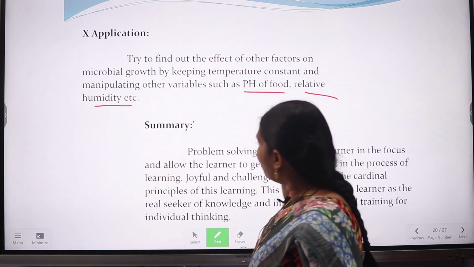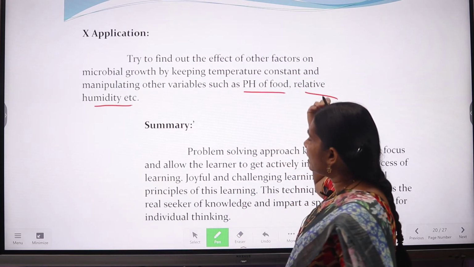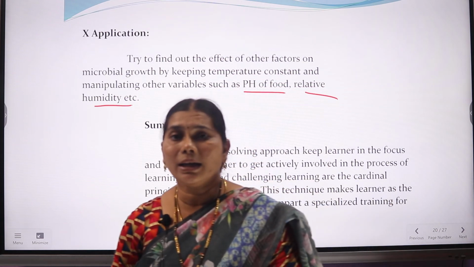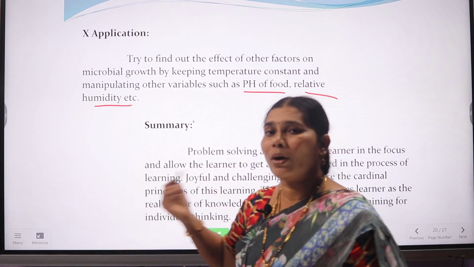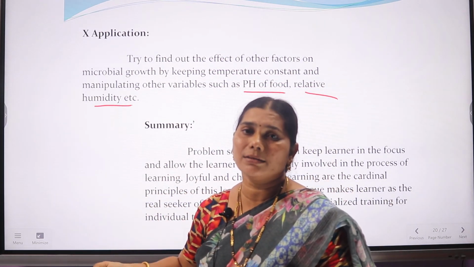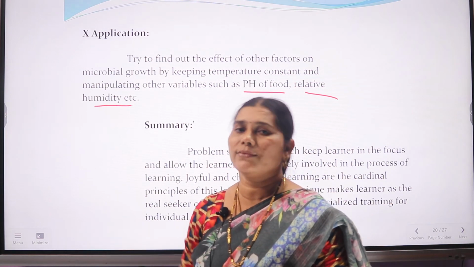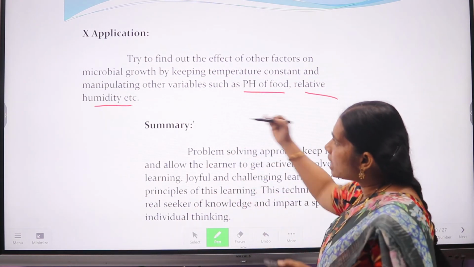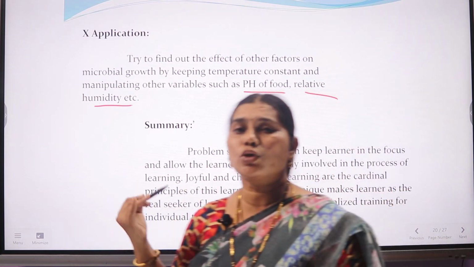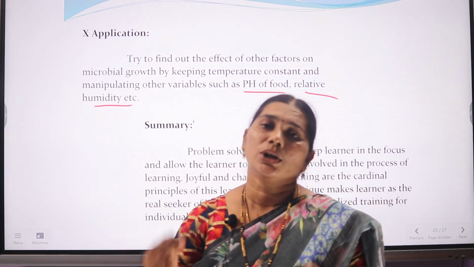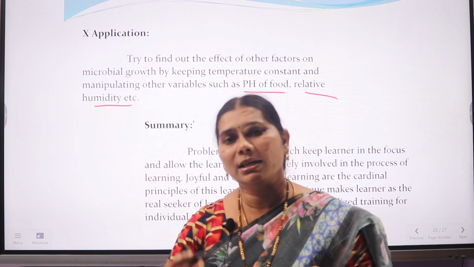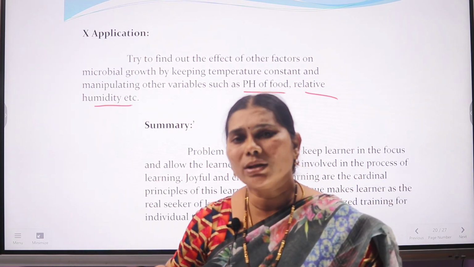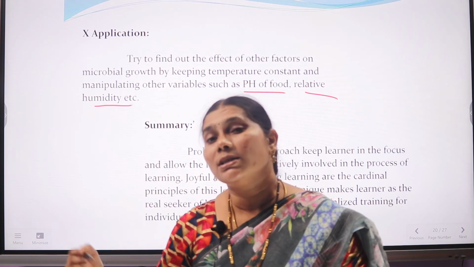They try to apply this principle in their daily life situations. The summary is that this is how the problem solving approach which the student has learned in biological science is helpful in taking up all the situations that happen in daily life.